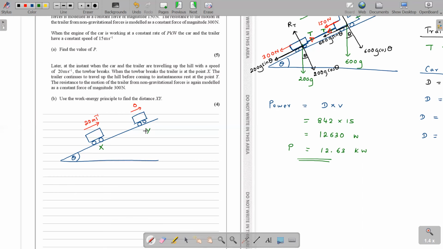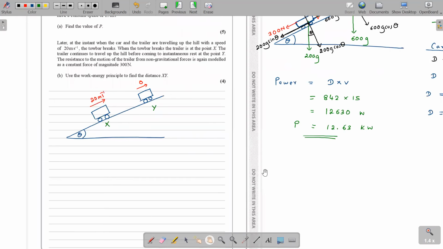Okay, they ask you to find the distance travelled, using the work energy principle to find the distance XY. Basically, work energy principle means you can't use F equals ma, you can't use acceleration equations. You have to use the work energy principle. So what is the main rule?